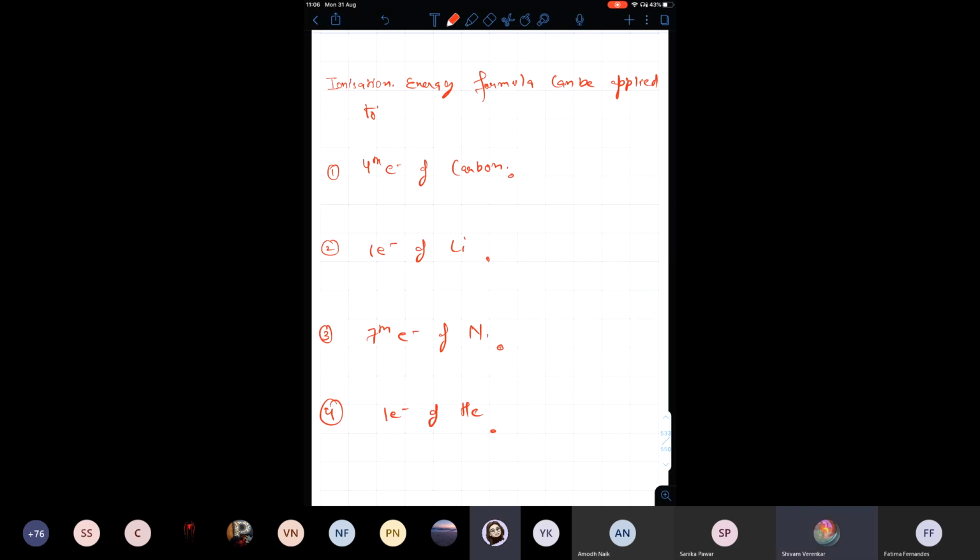Sir, lithium. Seventh of nitrogen. Who said lithium? Lithium, we can only remove third electron. Carbon, we can remove only sixth electron. Nitrogen, we can remove seventh electron.